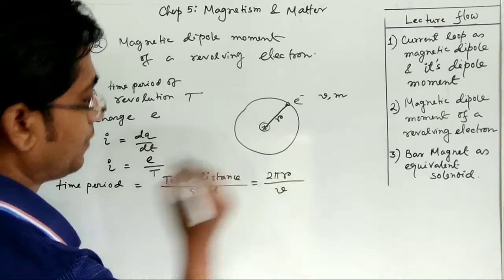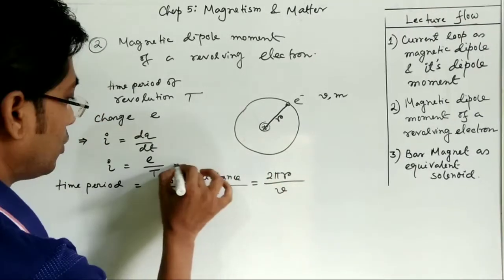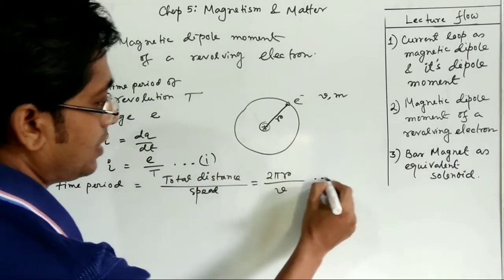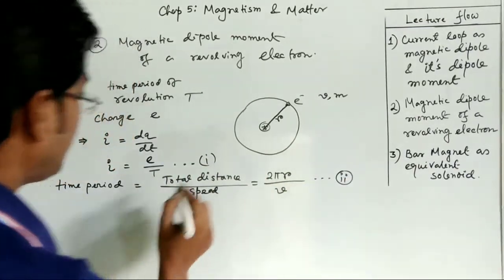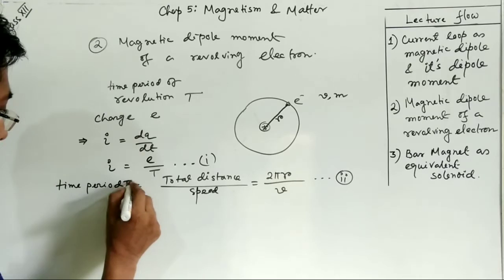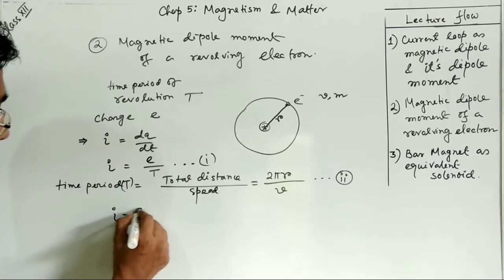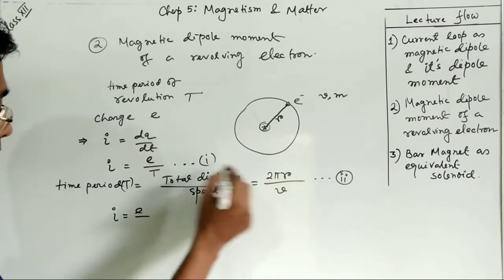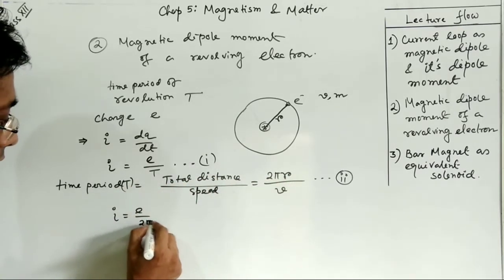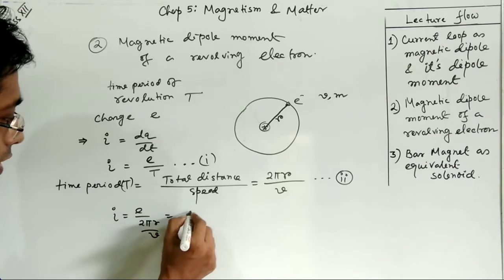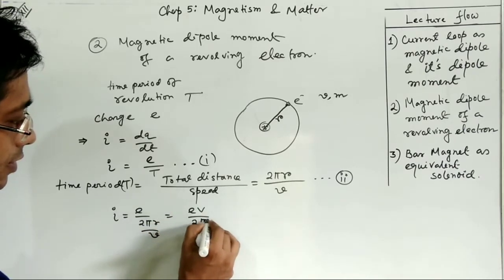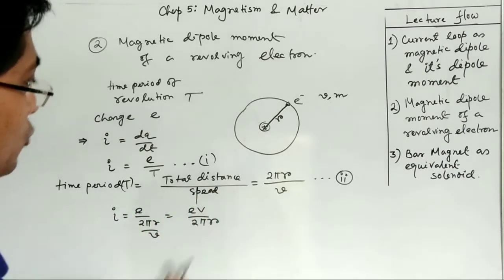Now speed is v. Okay, so T is 2 pi r by v. So this is equation 1, and this is equation 2, so we put the value of T in equation 1, then we will get I is equal to e by 2 pi r by v. In the place of T we write 2 pi r by v. So it will be ev by 2 pi r, is not it? So I is ev by 2 pi r.